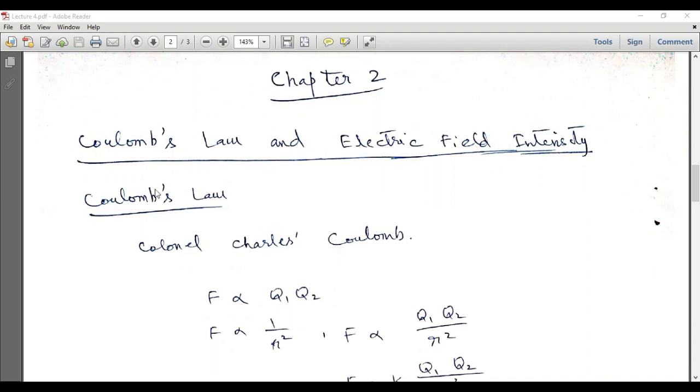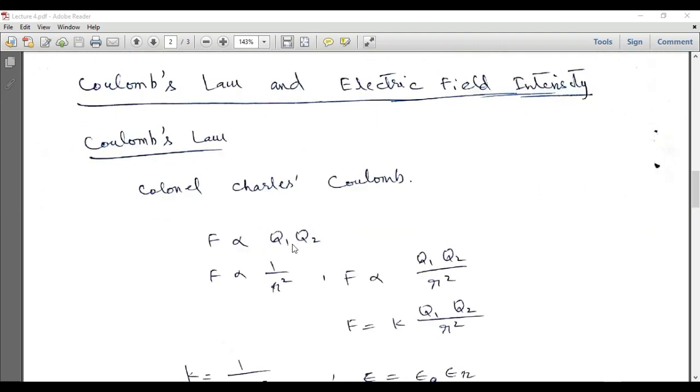So first I will discuss Coulomb's law, which was derived by the French army engineer Colonel Charles Coulomb. He performed experiments using a torsion balance to measure the force between two charges Q1 and Q2 separated by a distance r.